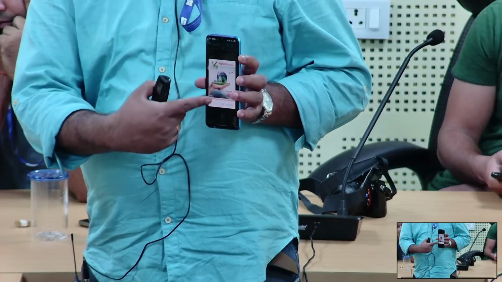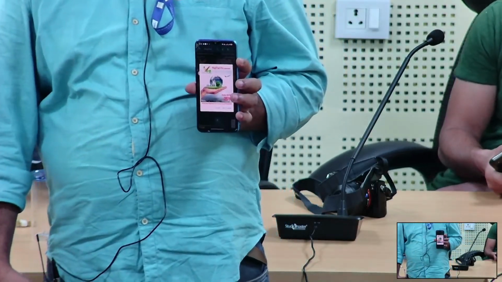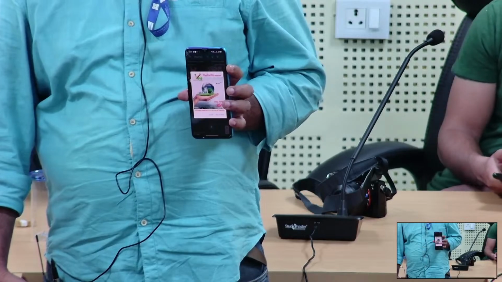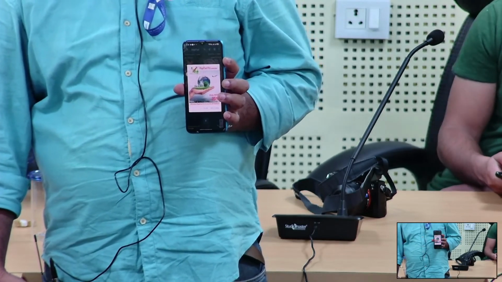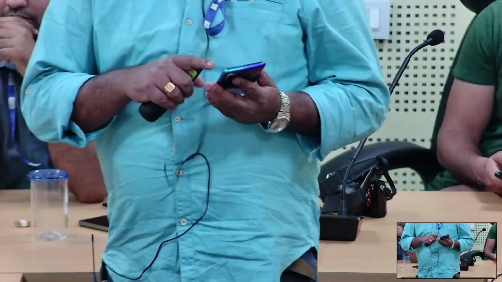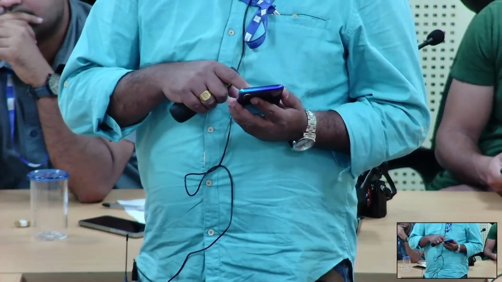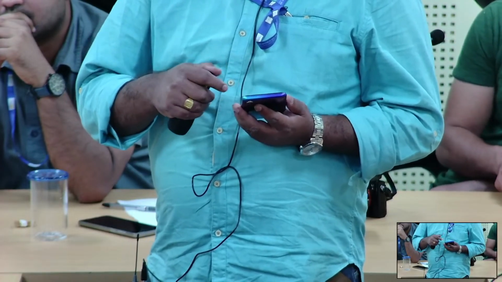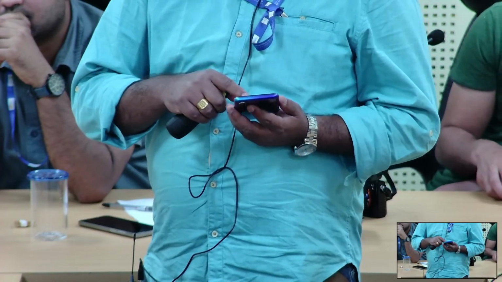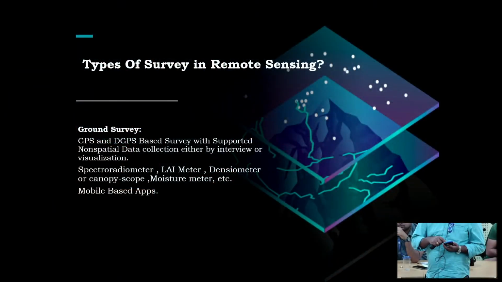This is the symbol of Map Pad, you see. Or I will search in Google Play, you will see it. Let me show you in Play Store.